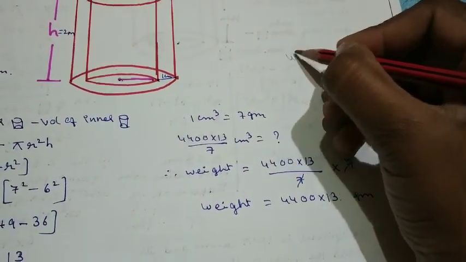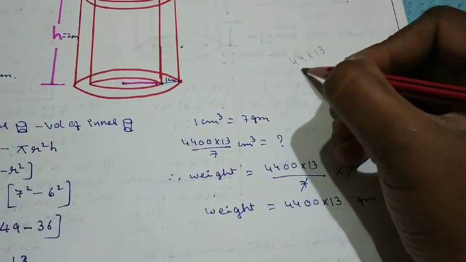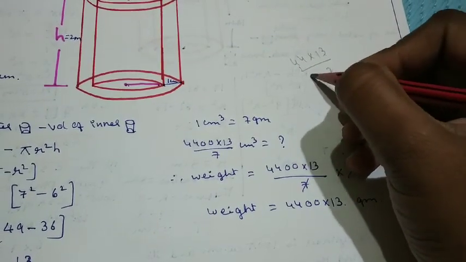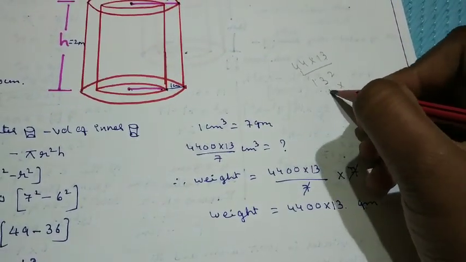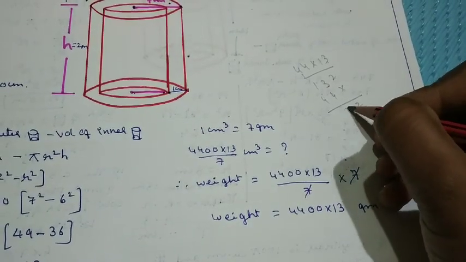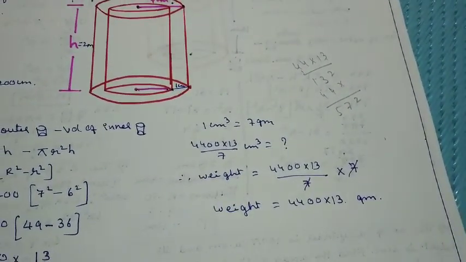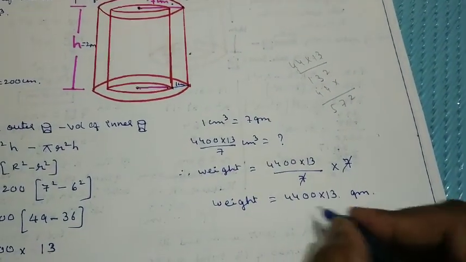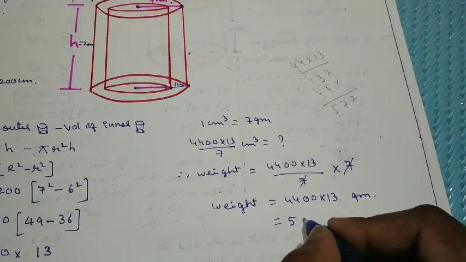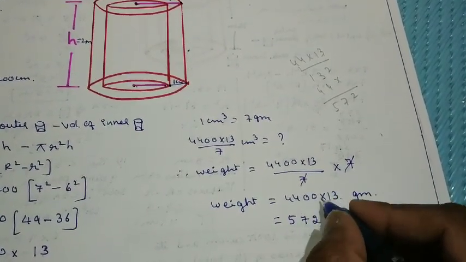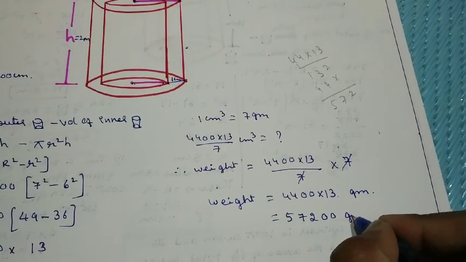So we'll multiply here 44 into 13. 4 3s are 12, 4 1s are 4, and adding, we get 572, and these 00 as it is, in grams.